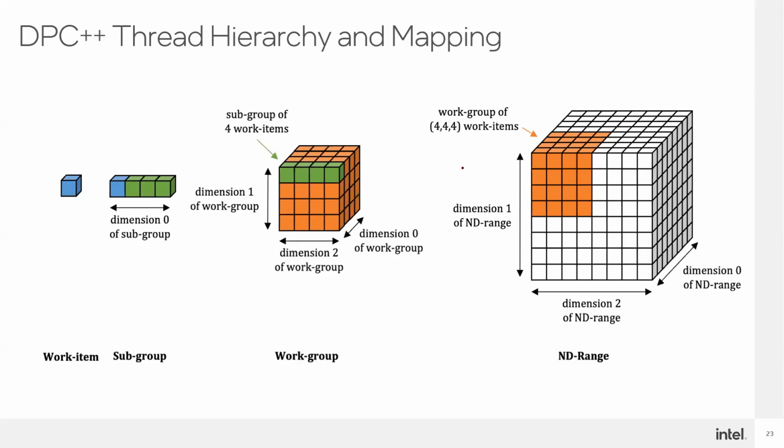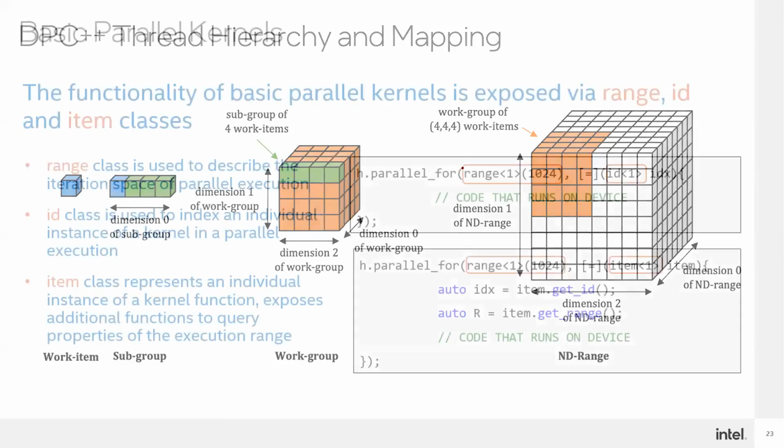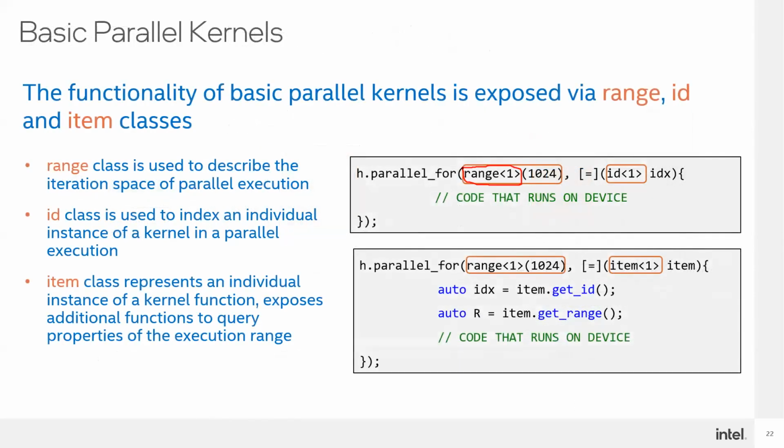Okay. The second question is, are there execution policies for parallel_for like in C++17? No, execution policies are more applicable for PSTL, right? For parallel_for, we don't have these execution policies. It's a way of implementing parallelism in DPC++.